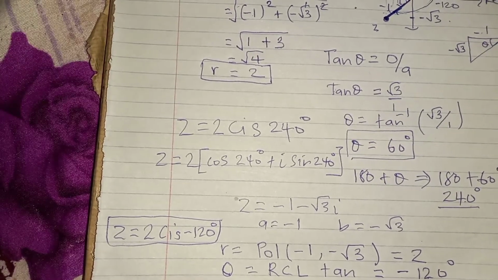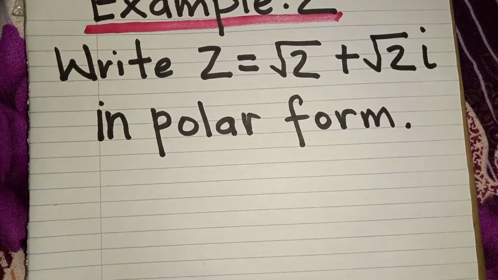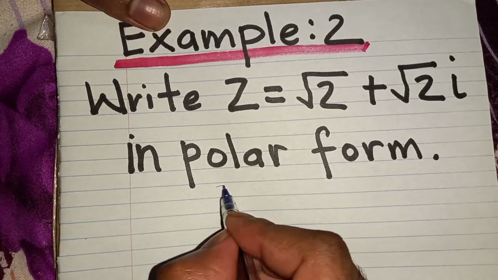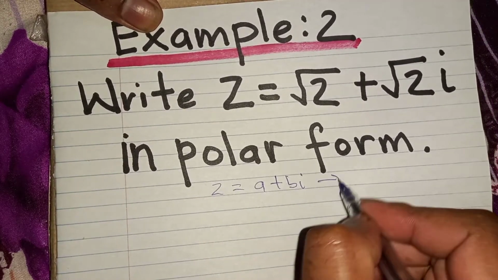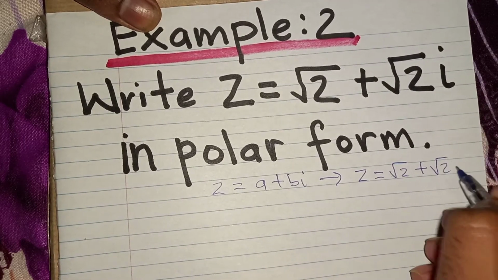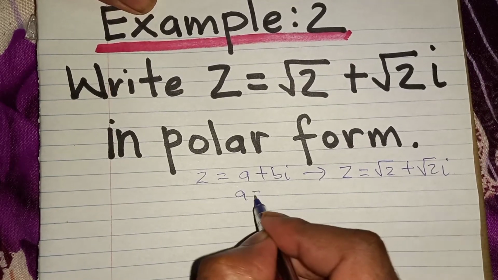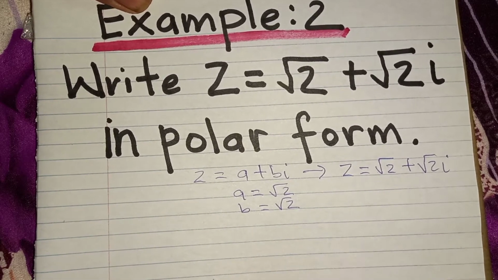Let's do another example. We have to write z equals root 2 plus root 2i in polar form. This is in the form z equals a plus bi, so our value of a is root 2 and our value of b is also root 2.